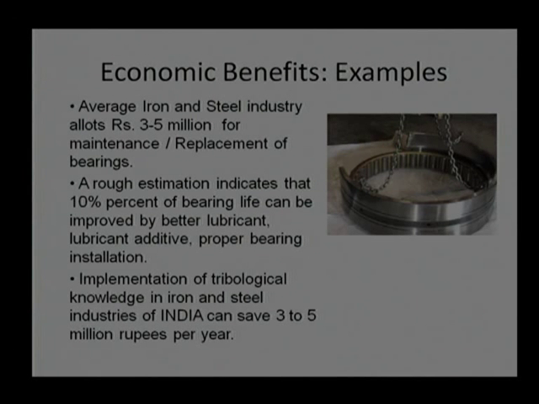If that can be avoided, say by a rough estimation 10%, keeping the other 90% the same, even in that case we are going to save roughly 3 to 5 million per year, just based on 10 iron and steel industries. If I start counting other bearing industries or other industries where bearings are used, naturally the saving will be huge.